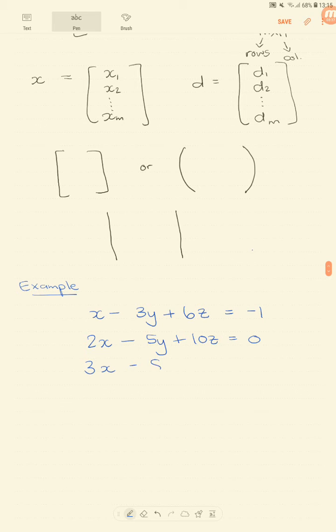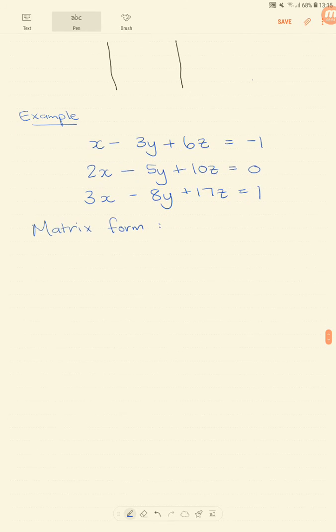And 3x minus 8y plus 17z equal to 1. To write this in matrix form, our A matrix is made of the coefficients of x, y, z. So in the first row, x would be 1, y would be minus 3, and z would be 6.